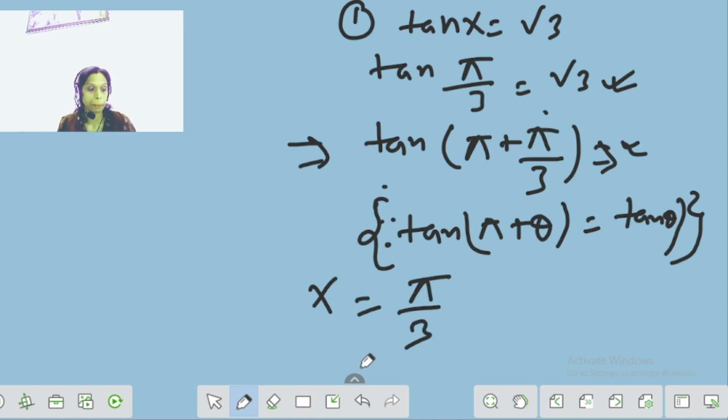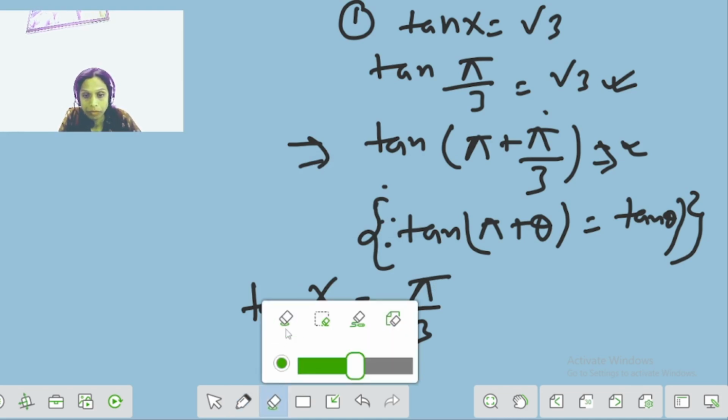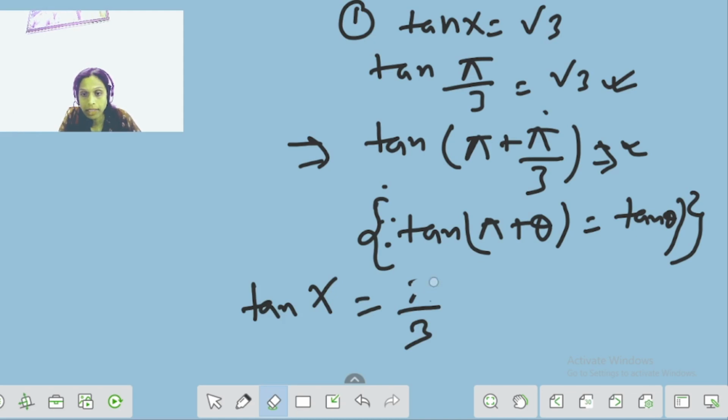Tan x is equal to tan pi by 3, then x is equal to pi by 3.